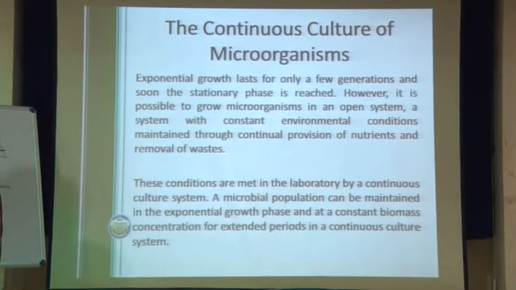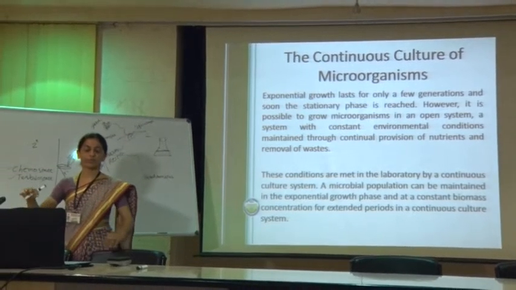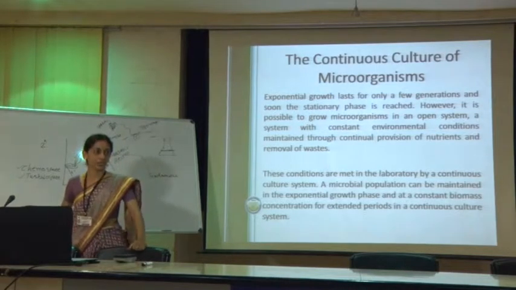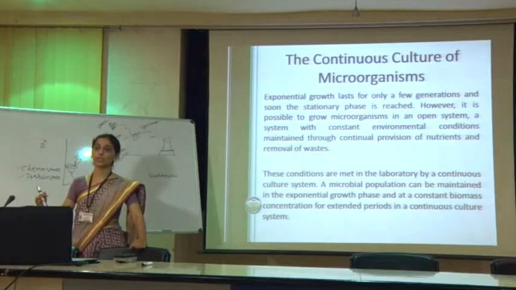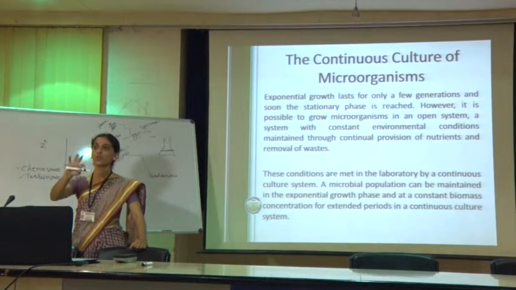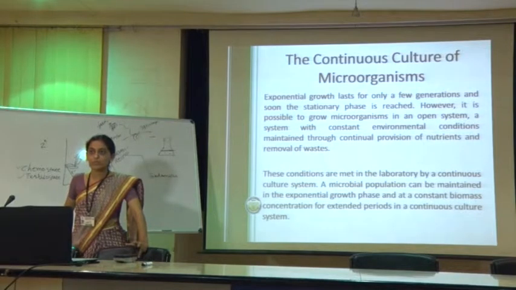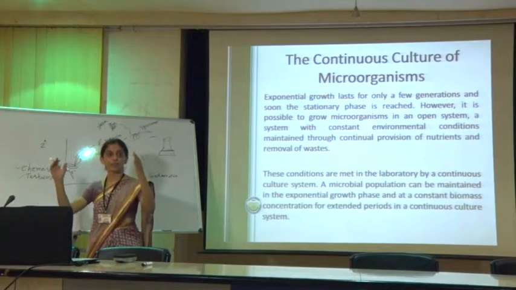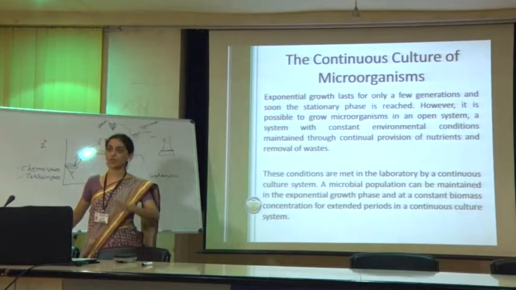What you need to do is, for amylase production, continuously add the starch. The organism will utilize starch by producing amylase, but as they utilize the substrate, what will they produce? Product. So what happens in the fermenter, or in your culture or broth?